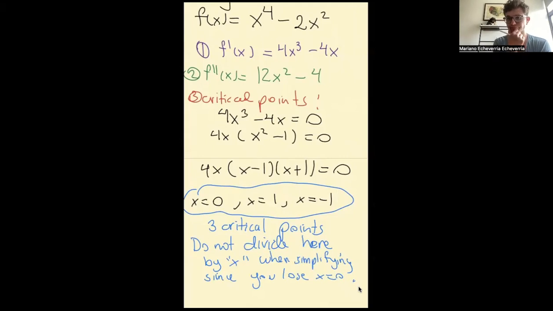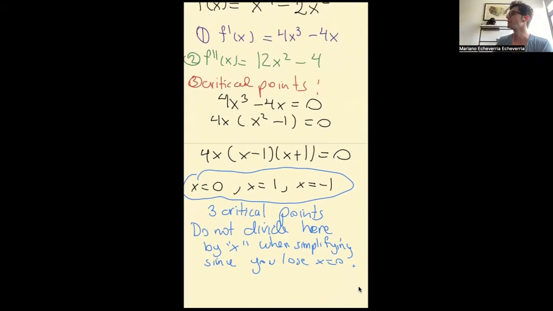Is that making sense? That is the only part that can get tricky, because I'll give you a problem where it's easy to factorize things. It's more about forgetting certain solutions because you divided.